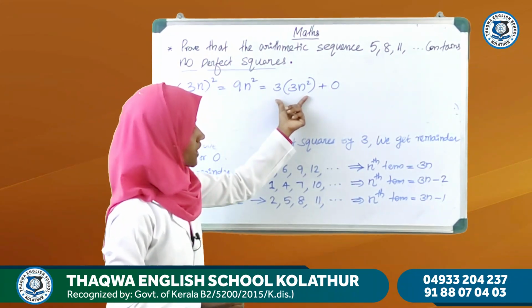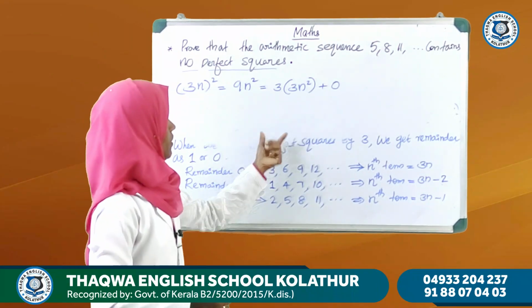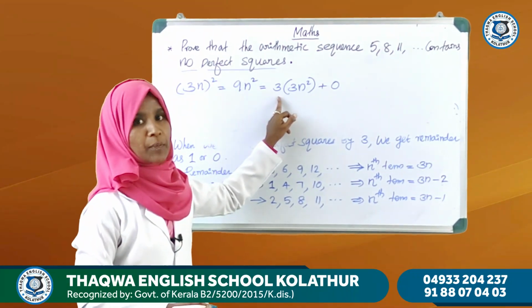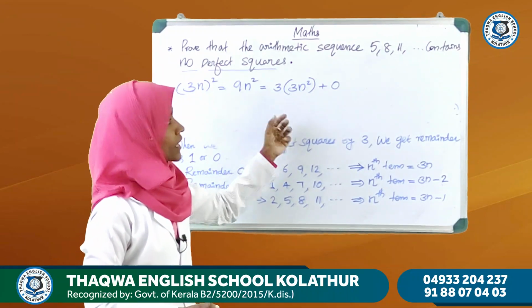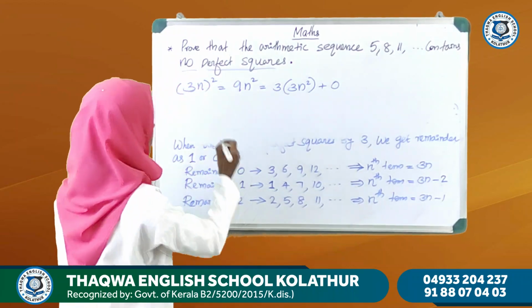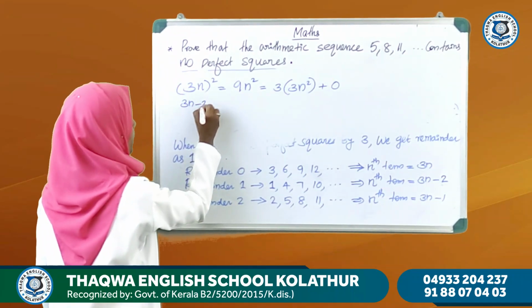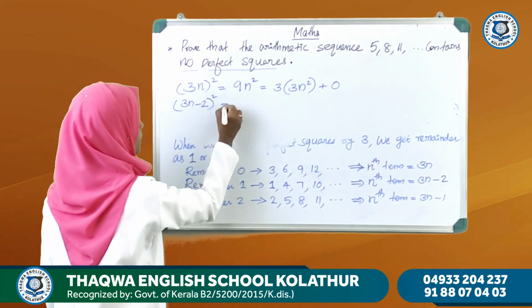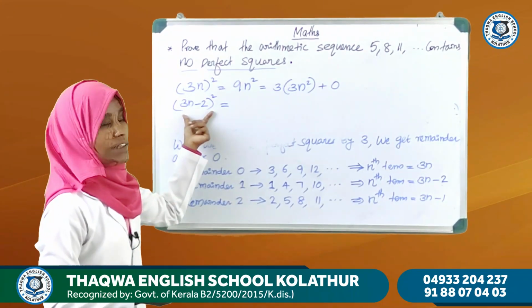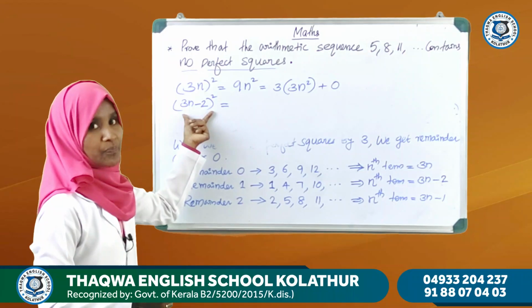So we can say that 3n whole square is also a multiple of 3. That is remainder 0. The next, second case, 3n minus 2 whole square. Can you explain this?